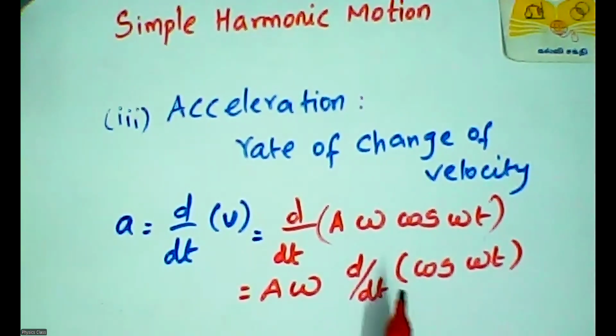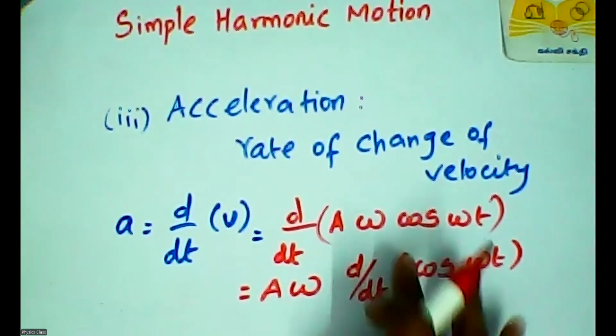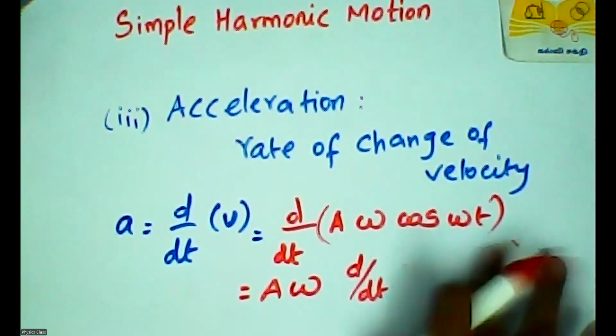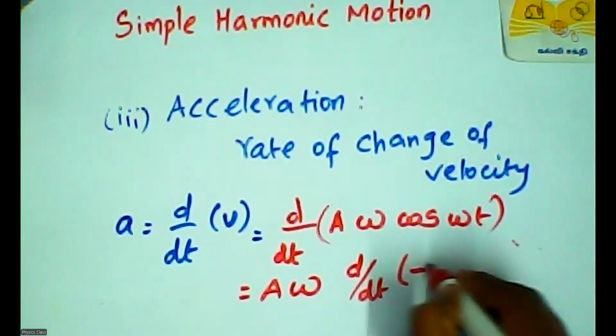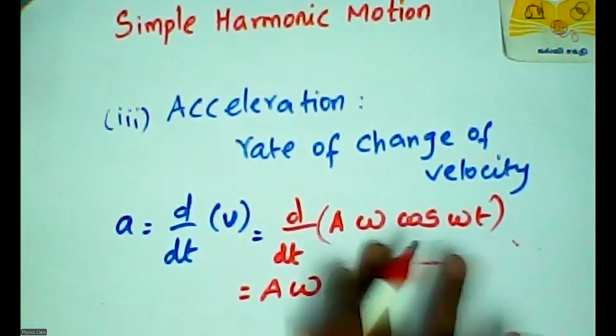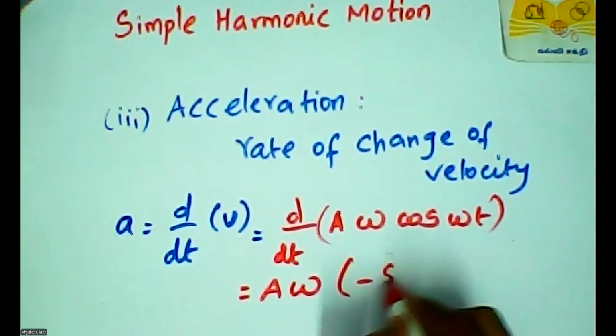So suppose we take cos as a differentiation with respect to time. Cos theta becomes minus sine theta. So cos becomes minus sine.